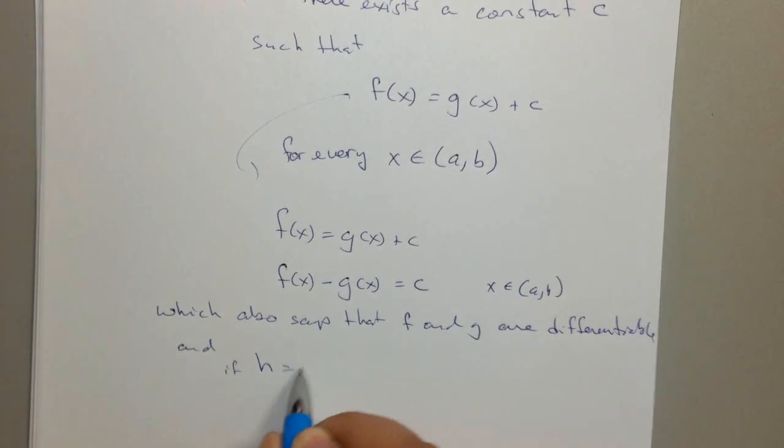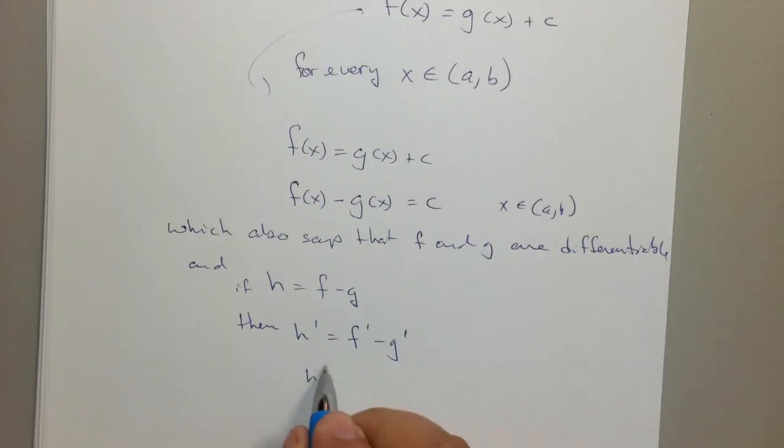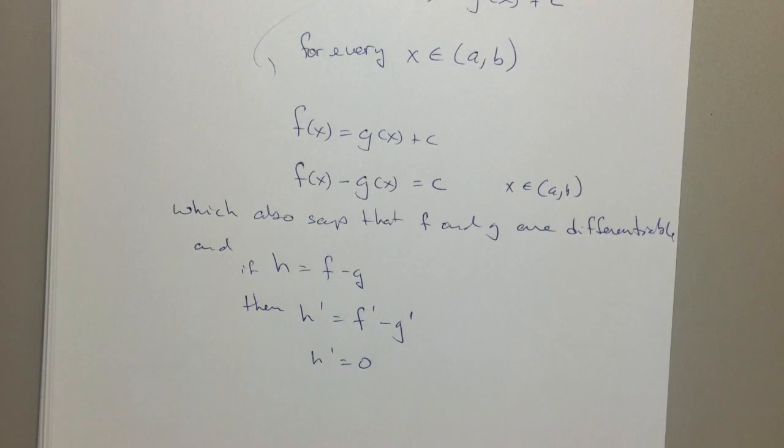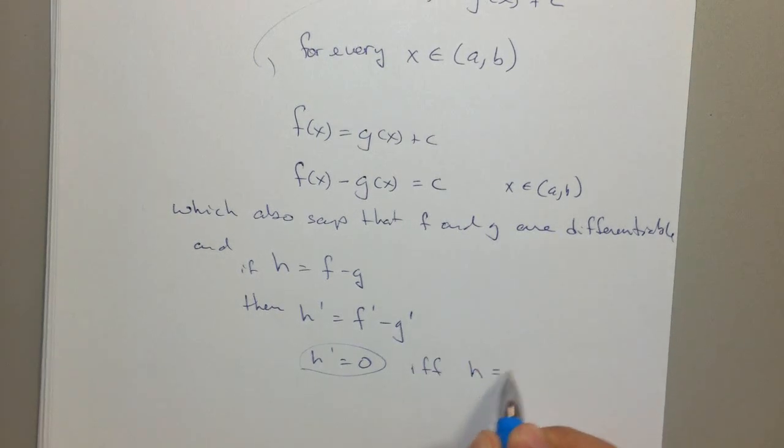If h equals f minus g, some function h of x equals f of x minus g of x, and h prime of x equals f prime of x minus g prime of x, which is equal to 0. And the only way this could be true is if and only if h is equal to some constant.